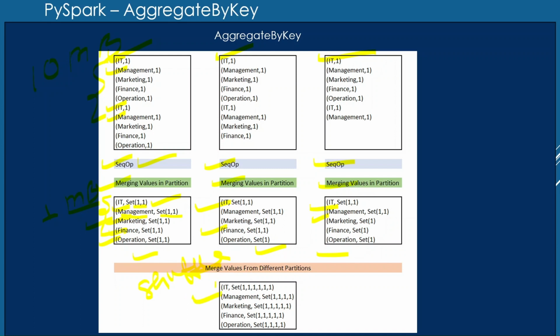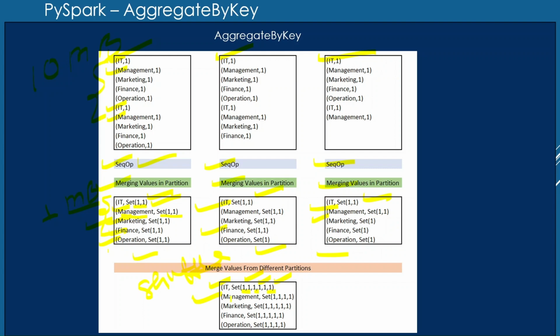Right. So here we can see this is the IT, this is the key, and what is the value? There are three sets of values. This one, and this one. This is coming from here. You can see the second one is coming from this partition, and the third one is coming from this partition.